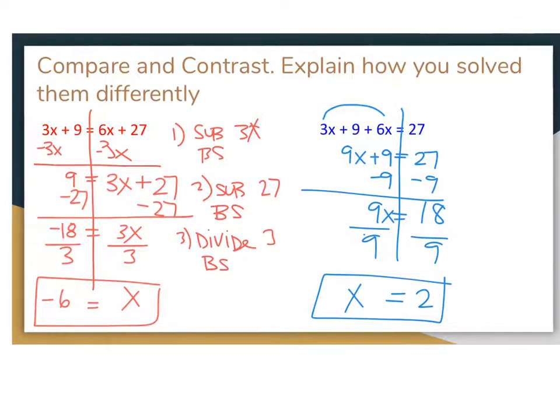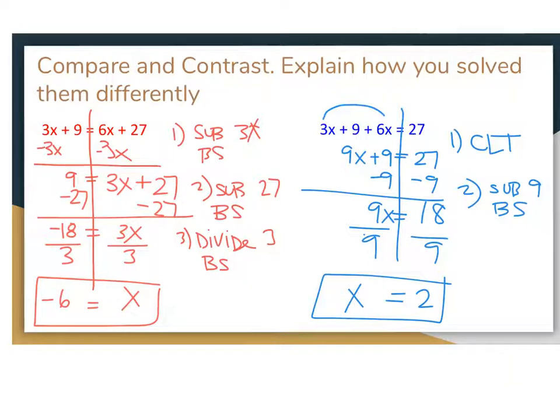Whereas on this problem, our first step was to combine like terms, which meant we added 3x and 6x. And then we subtracted 9 on both sides, to start getting x by itself.